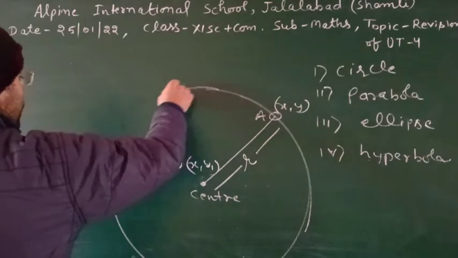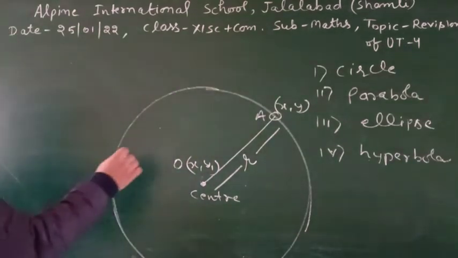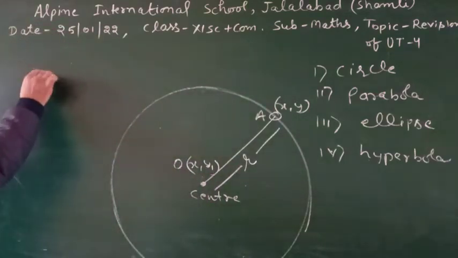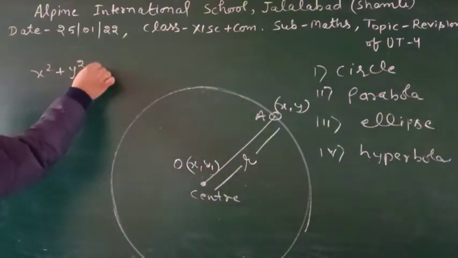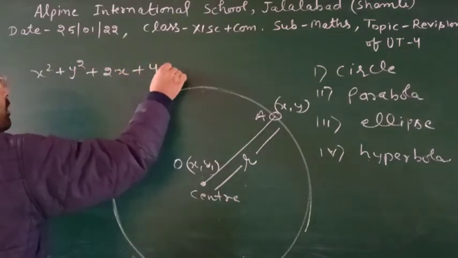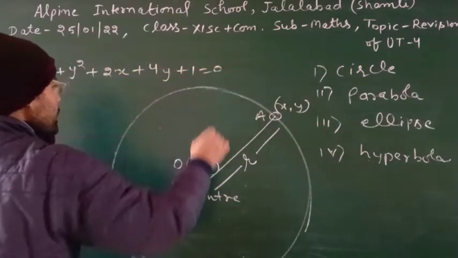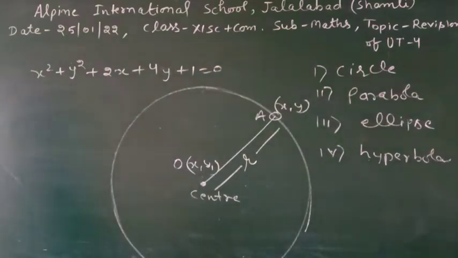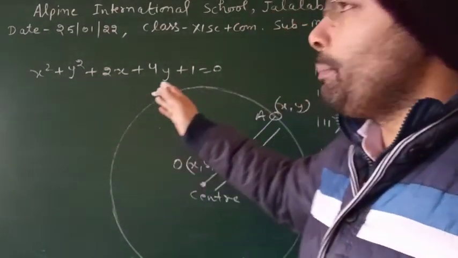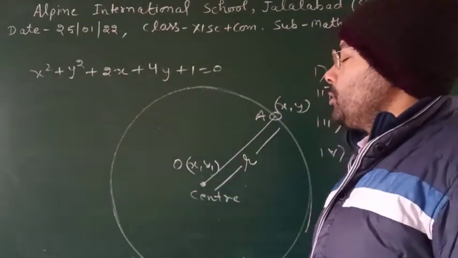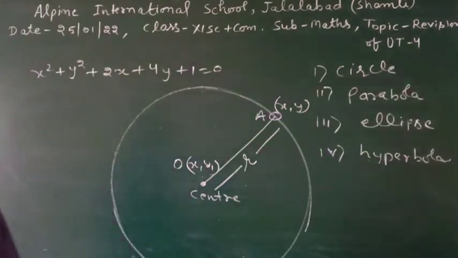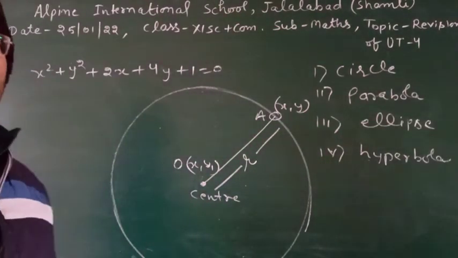Suppose we have the equation x^2 + y^2 + 2x + 4y + 1 = 0, and the main motive is to find the center as well as the radius.